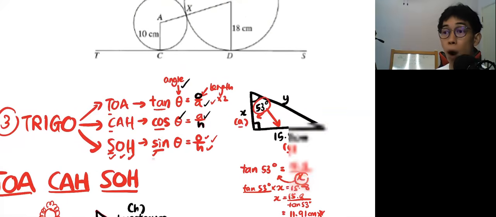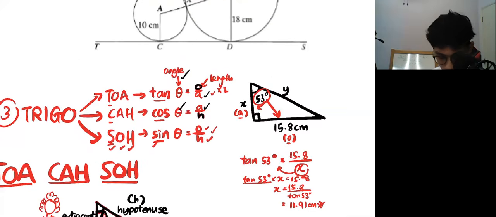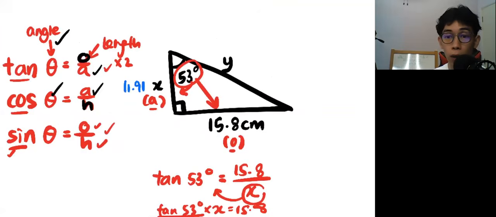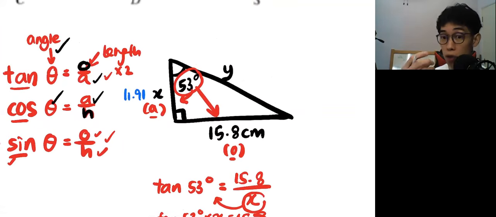Now everyone, I want to solve Y. To solve Y, do you notice we have X = 11.91 already? So we have 11.91 and 15.8, we have 2 lengths already. Can I use Pythagoras theorem to solve my Y?